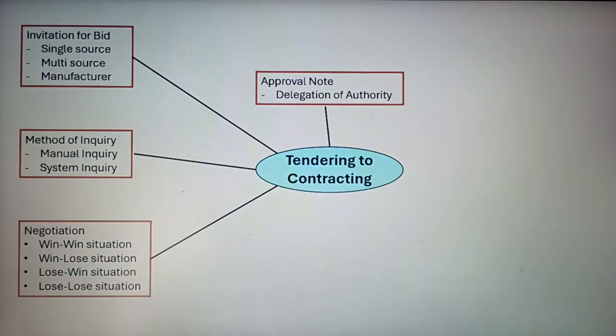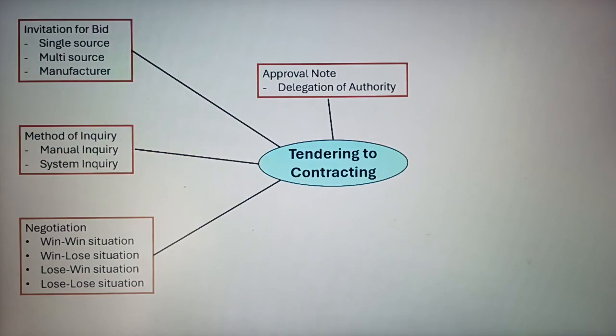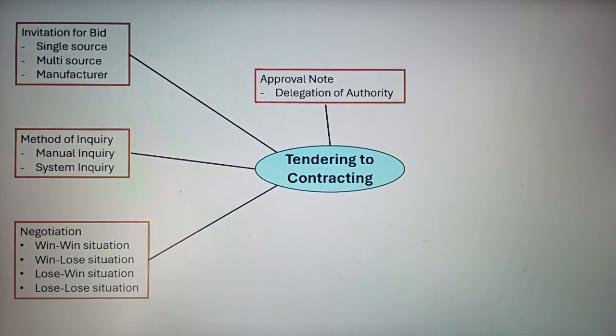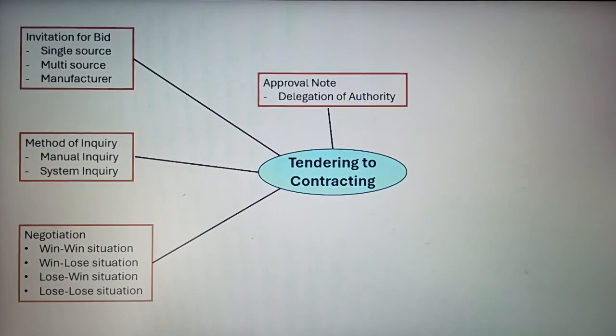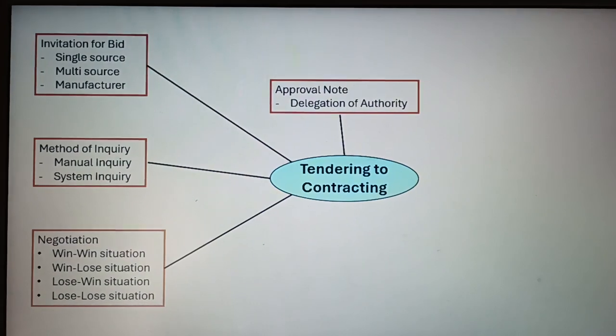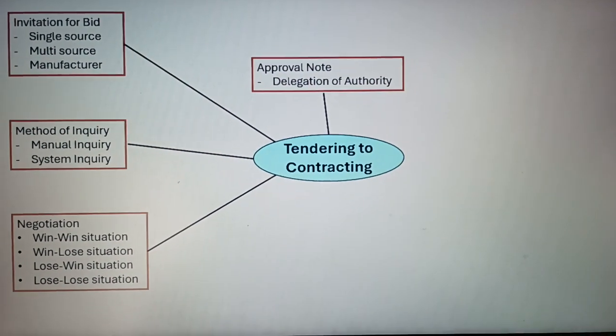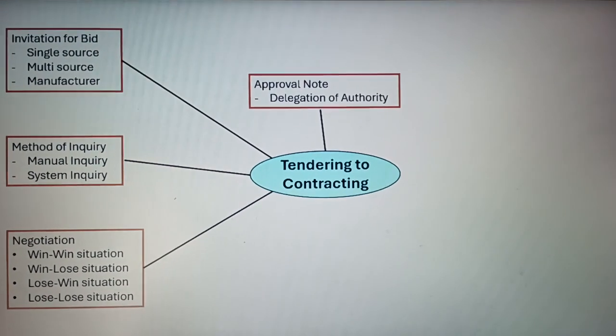After the organization completes the negotiation, they move forward to the approval note. In the approval note, an appropriate authority approves the proposal of the contractor or bidder.